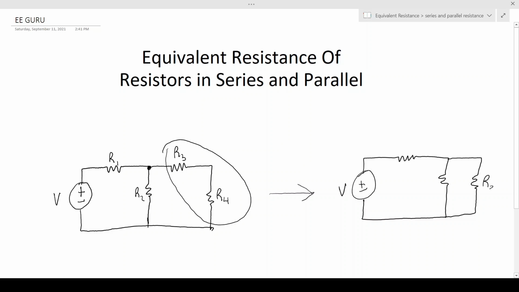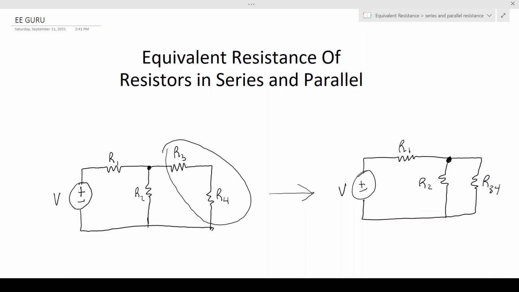Where R34 is the equivalent resistance of R3 and R4. And we know that the equivalent resistance R34 is just R3 plus R4. And this right here is R1, and this right here is R2. So we simplified this circuit down into a simpler circuit where we have 3 resistors.